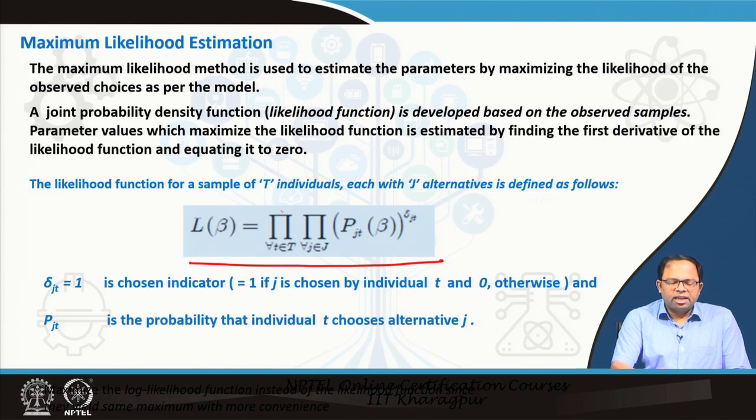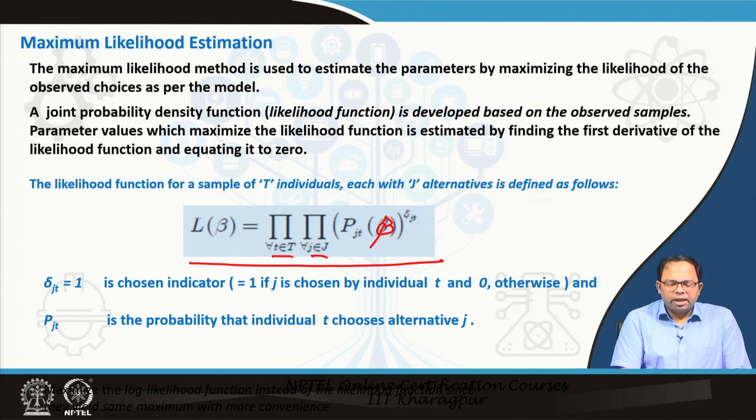So we take the first derivative of this function and set it at 0, and the values of the beta parameters for which this becomes 0 would be adopted as the coefficients for this utility equation. Basically this is a product of the probability of j and t.